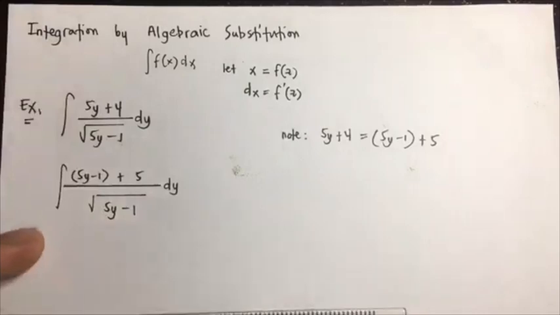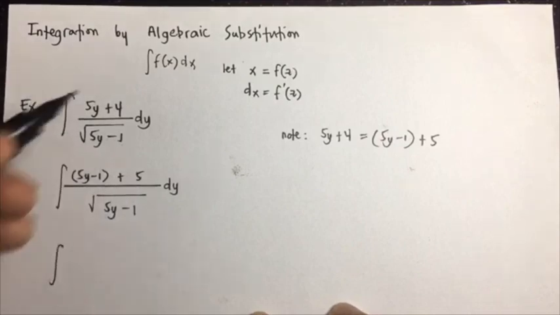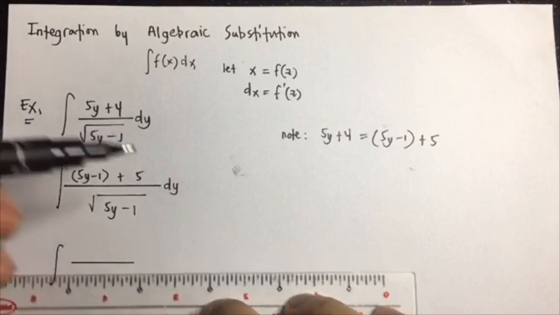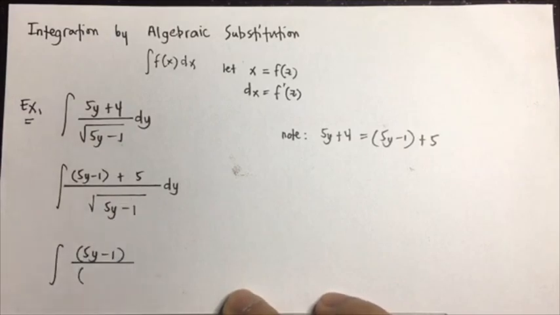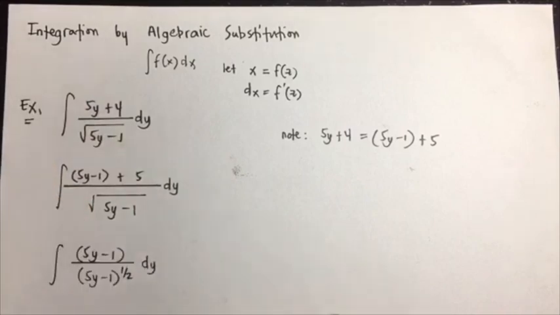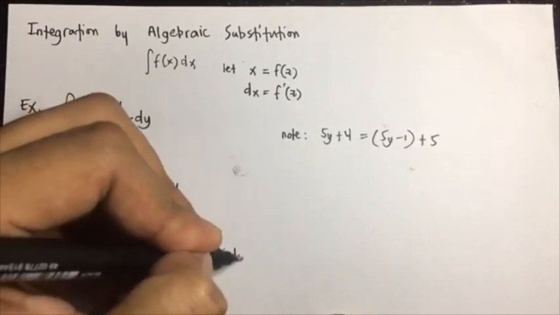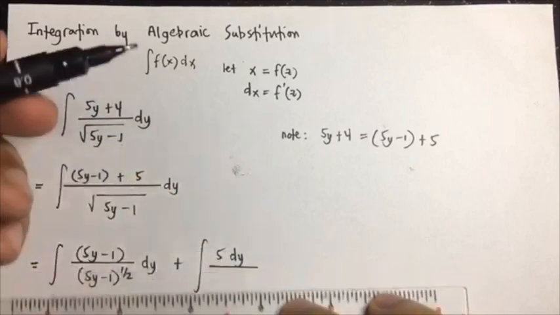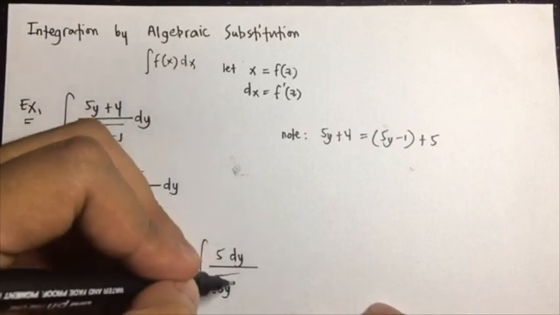Okay, if we separate now the terms, we will have the integral of 5y minus 1 over, expressing the square root in terms of exponent, 5y minus 1 raised to 1 half, dy, plus the integral of 5 dy over square root of 5y minus 1.